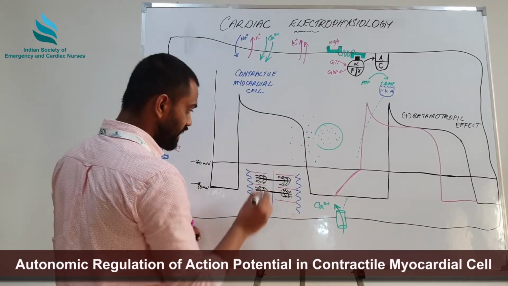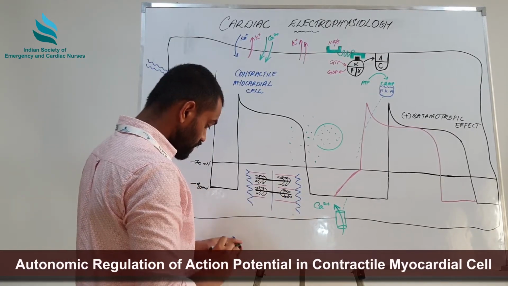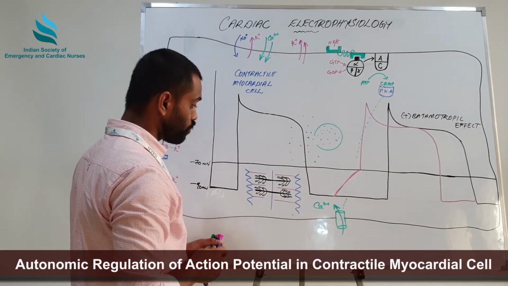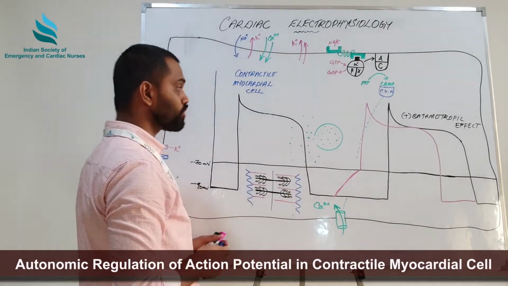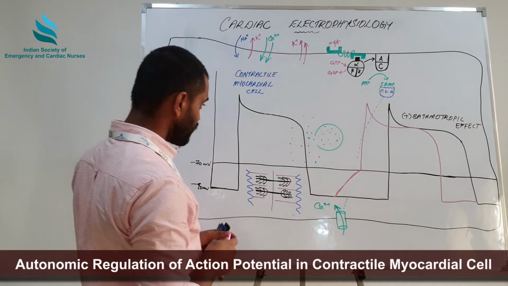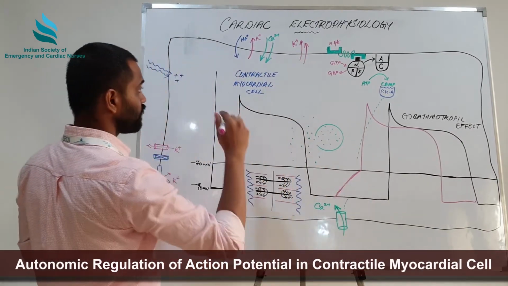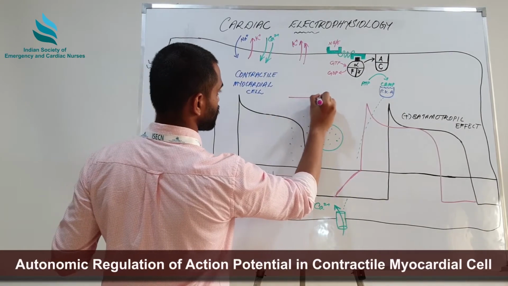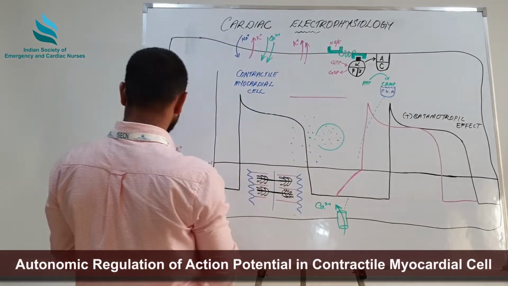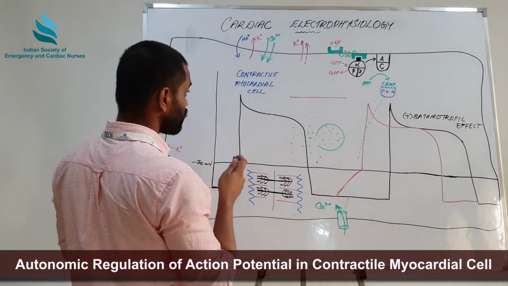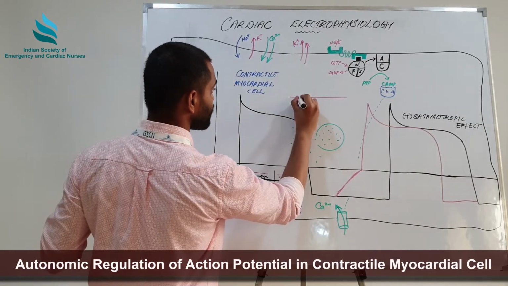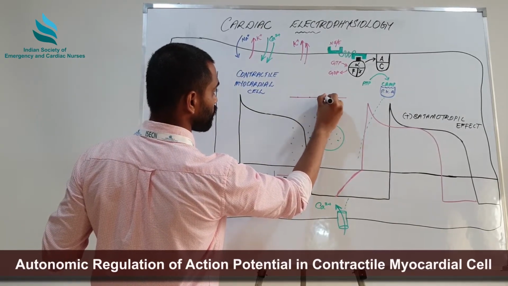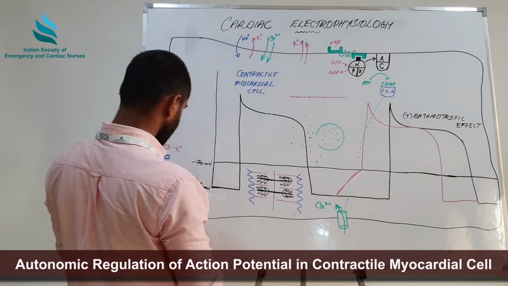Now we know that actin filaments do also have troponin proteins, like we have described in previous segments. Suppose this is the actin filament. You have myosin head binding sites over here in the actin filament.